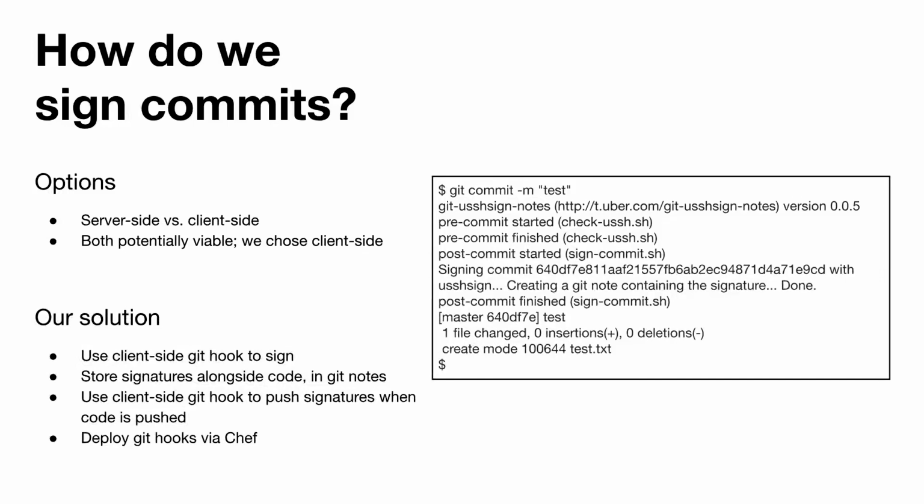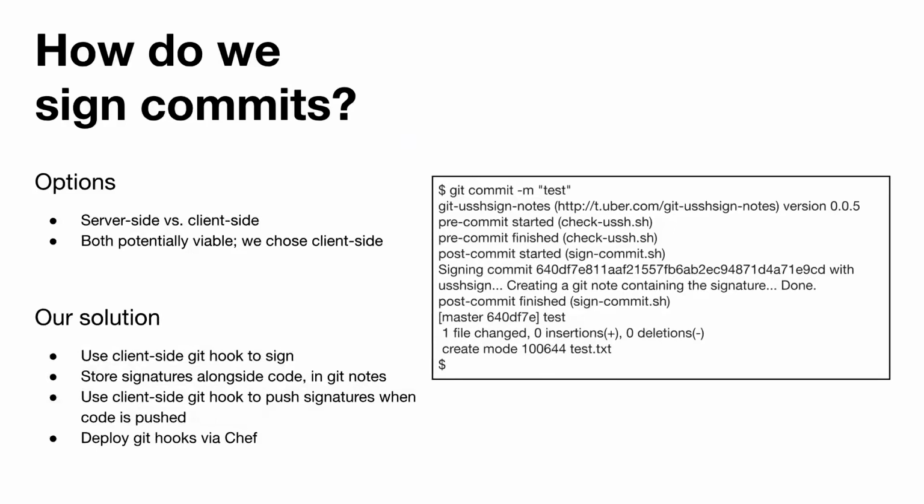Use those SSH certificates that I mentioned, and developers create commit signatures sort of alongside of the commits they create, and then go ahead and store these somewhere. So these are two very different paths with different challenges and that affect a different set of systems. In our case, on balance, we decided that it'd be easier to do this on the client side, and it also is more parallel to the sort of native commit signing that Git has that I mentioned earlier.